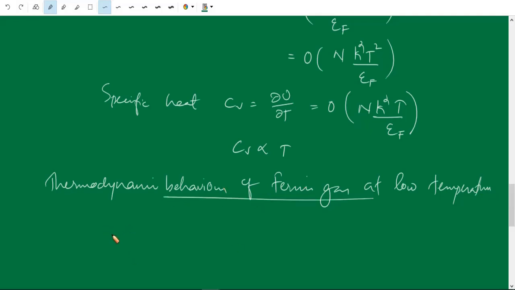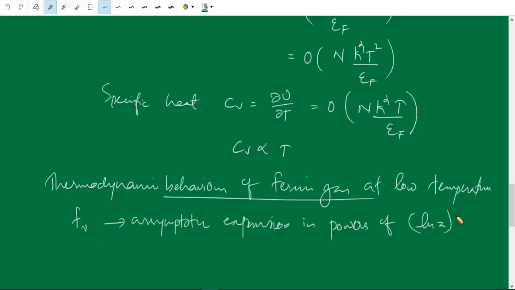Here the function can be expressed as an asymptotic expansion in powers of (log z) raised to -1. You can see appendix E in the Pathria textbook. This is by using Sommerfeld's lemma.